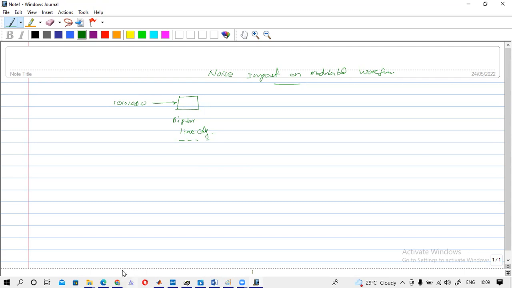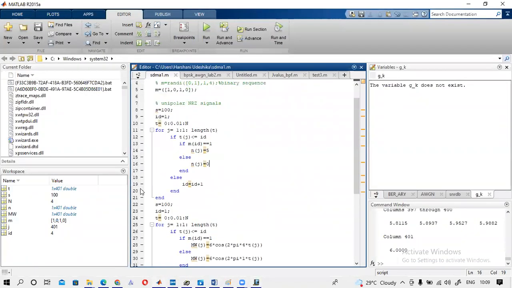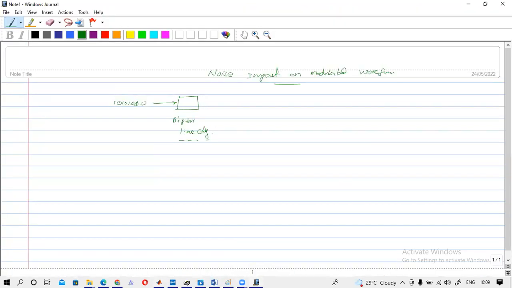But here you can see that in our simulation we use a unipolar NRZ signal for simulation purposes. When we are going to physically implement it, we have to use bipolar line coding techniques. I will tell you why we need bipolar line coding.